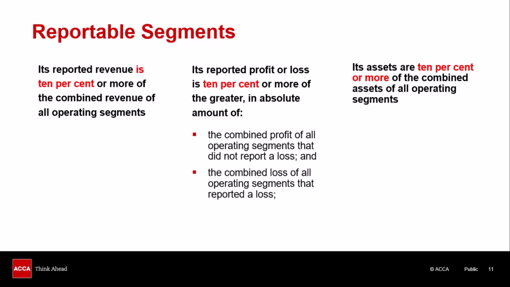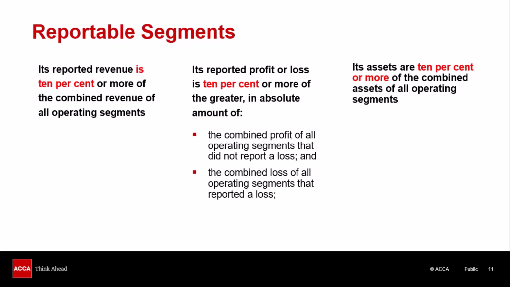So you just take the numbers. Forget about the negative and the losses, just add the losses together, add the profits together. Then you choose the greater of the two. Once you have the greater of the two, then now you'll be looking at your profit or your loss. You say, is it 10% or more of the absolute amount? And this will become clearer when we look at an example.